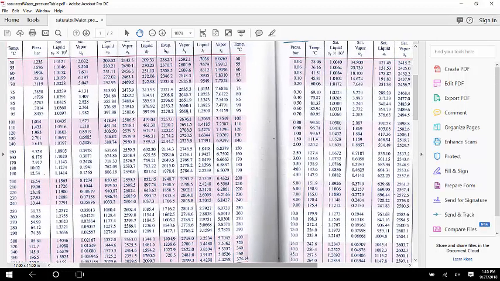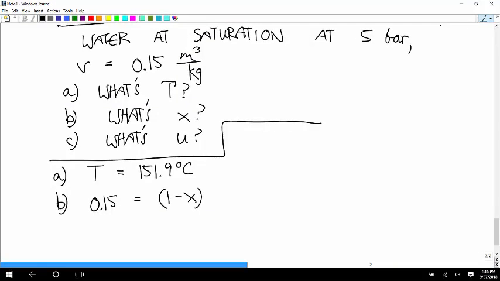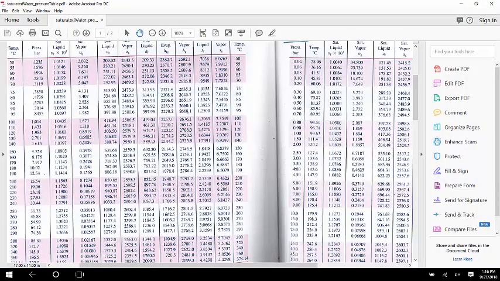For saturated liquid at 5 bar, that's 1.0926 times 10 to the minus third, because if you look up here, this is 1,000 times the value. Plus X times the specific volume for the vapor. Go to 5, go over here for a saturated vapor. It's 0.3749.